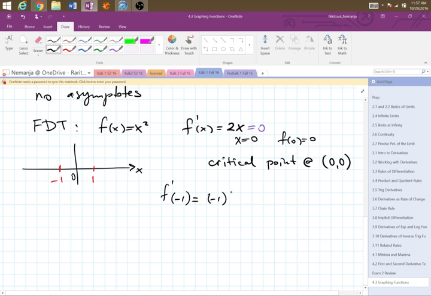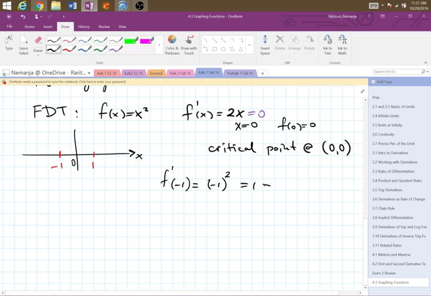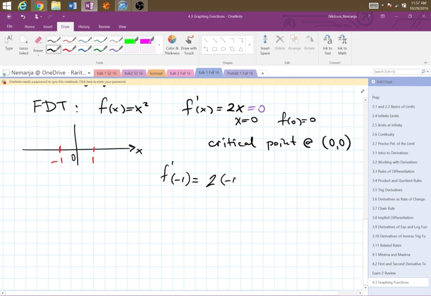Sorry, the derivative is 2x. So 2 times -1, which is -2, which is less than 0. And what does this first derivative tell us? Increase or decrease? So this is decrease. So I'm going to put the arrow like this above -1.